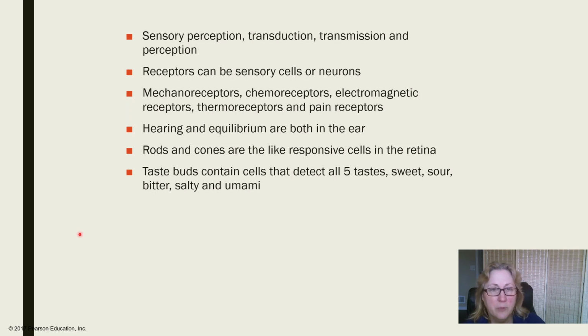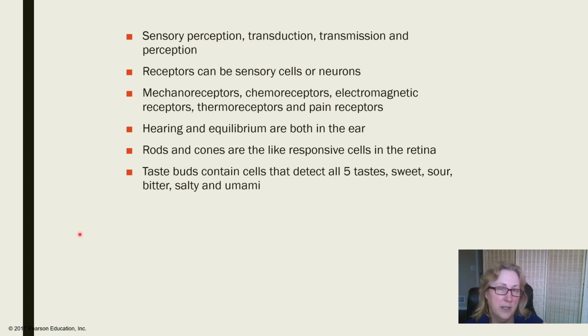Hearing and equilibrium, we talked about both of those, and the three different parts of the ear: outer ear, middle ear, inner ear. And it's actually the inner ear where the sensory receptors are for both balance and equilibrium and hearing.